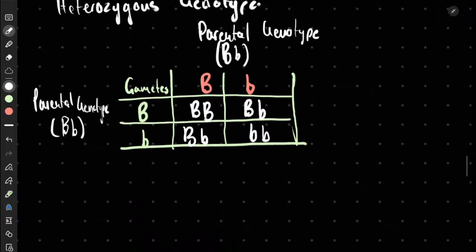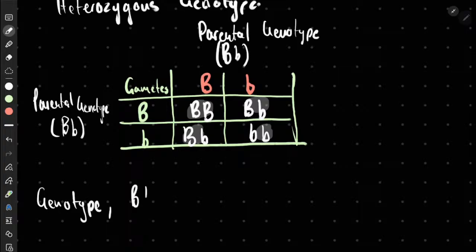This is the genotype of the offspring that we are now getting in here. So if they ask you, please tell us the genotype of the offspring, we got big B, big B, we got big B, small b, and we got small b, small b. What about the phenotype?